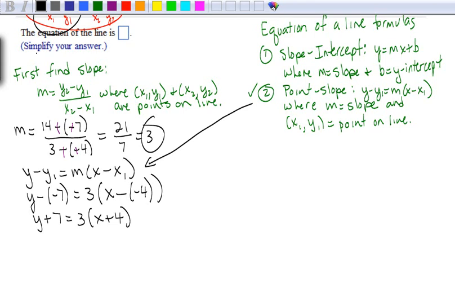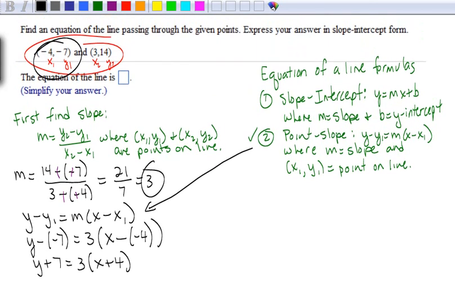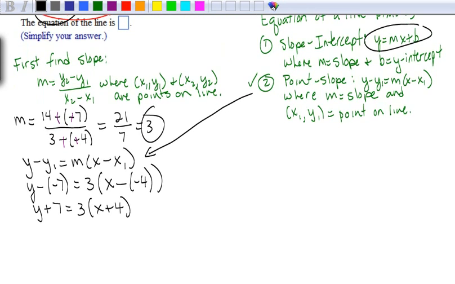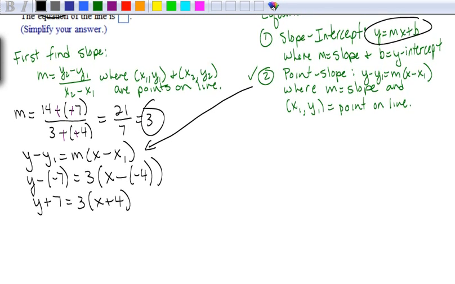But they do ask, if you notice, to simplify your answer. And if you look at the very beginning instructions, going up to the very top, it does say to express your answer in terms of slope-intercept form, which is the y equals mx plus b formula. So all we have to do is get rid of the parentheses and solve for y. So first I'm going to get rid of this parentheses by using the distributive property.